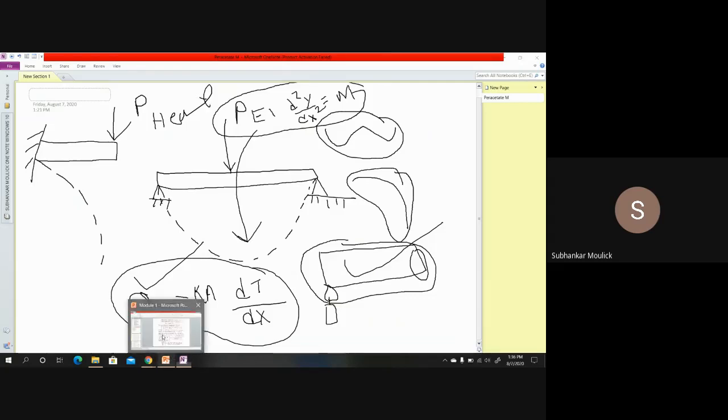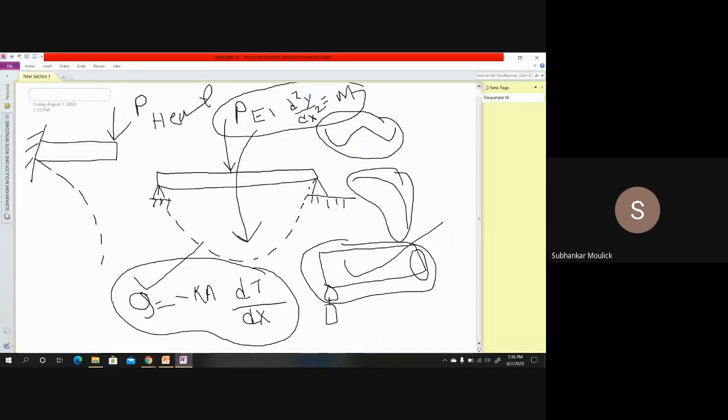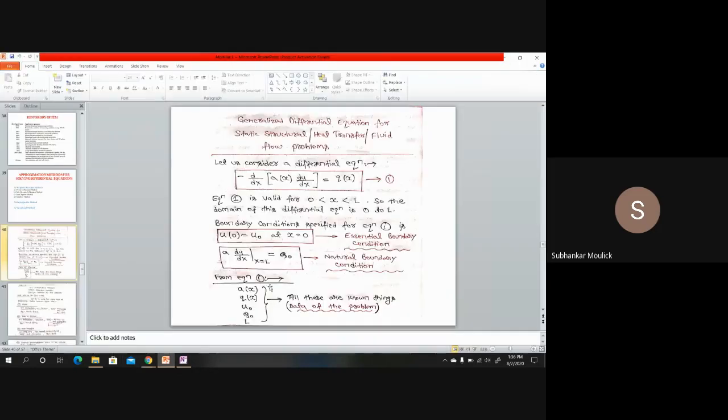So this u is nothing but a function of displacement. This u can be a quadratic polynomial, can be a cubic polynomial, can be a sinusoidal equation. I don't know. I have to find it out. So this u is nothing but displacement for that problem.